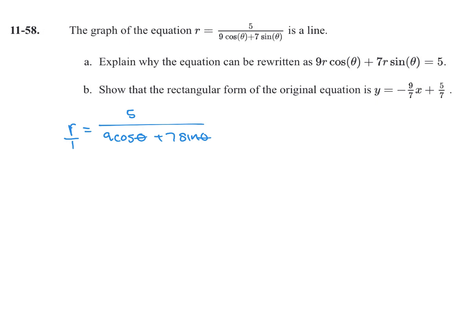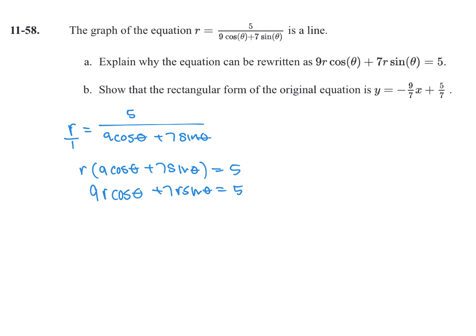So I can say r times (9 cosine theta plus 7 sine theta) equals 5. And once you distribute that in, you get 9r cosine theta plus 7r sine theta equals 5.